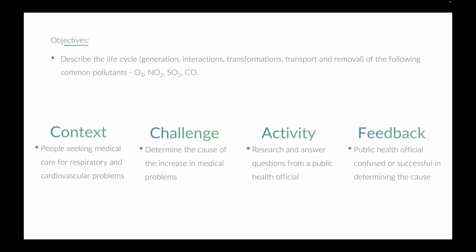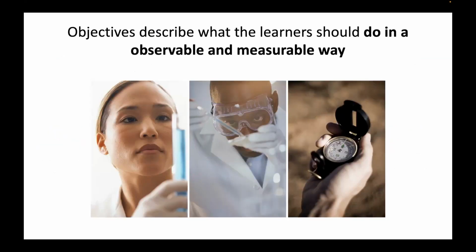And so, as you have seen, it is really important for us to have a very clear objective in mind when we're creating our case studies. And our objectives need to describe what our learners should do in the case study in a very observable and measurable way. Let me illustrate this with an example. Imagine that I have created a case study and half of the people in one office have taken the case study and the other half have not.